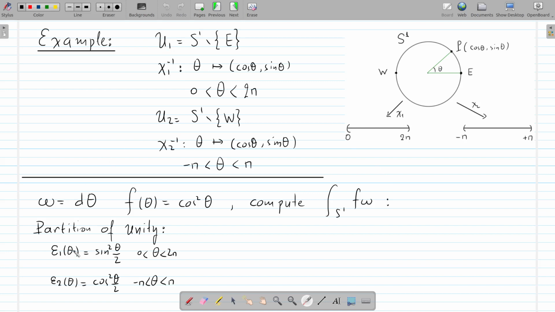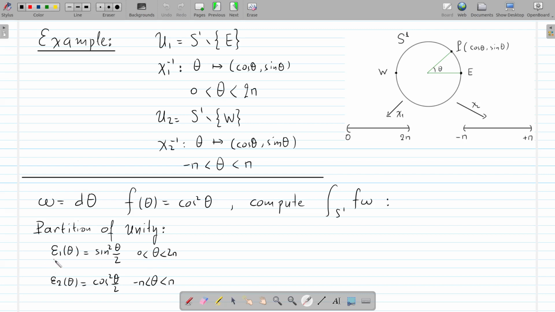So let's choose the members of that family of functions to be epsilon1, related to the chart U1, to be sine squared theta, which originally takes values between 0 and 2 pi, 0 and 2 pi not included.